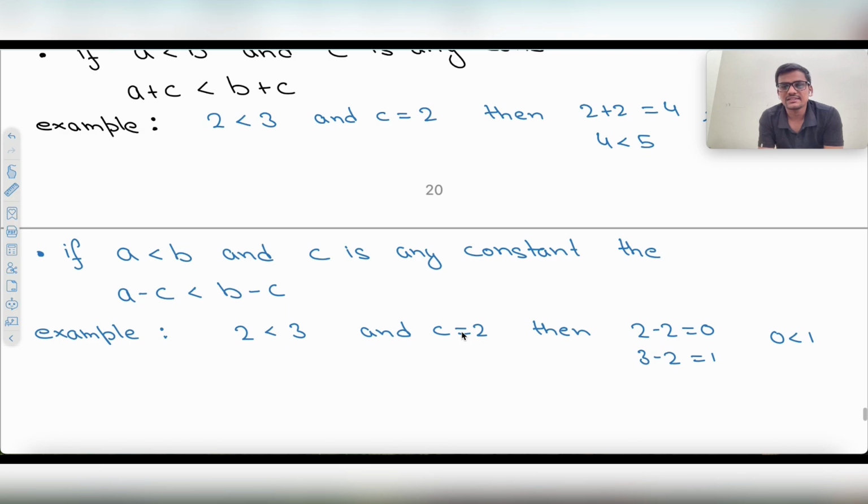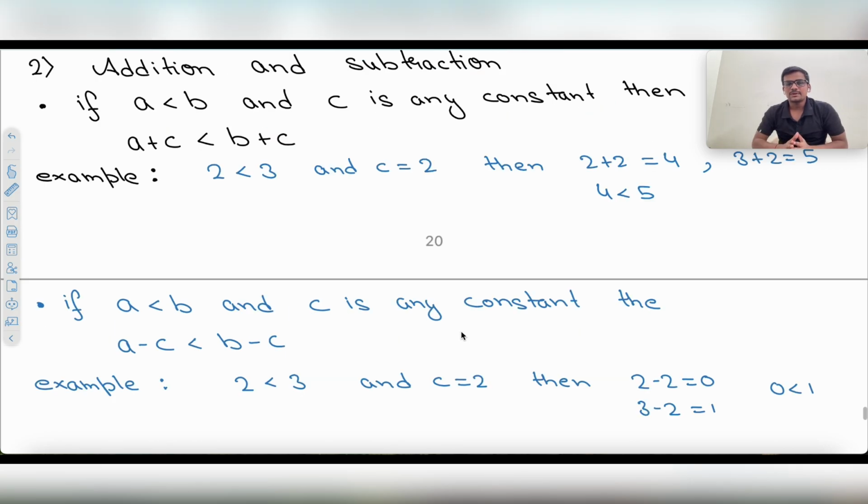That is satisfied, right? So this property is true for less than. Similarly, this property is true for less than or equal to also, greater than or equal to also, and greater than also. So it is homework for you to write this property for the other inequalities, right? I hope you understand this property of addition and subtraction.